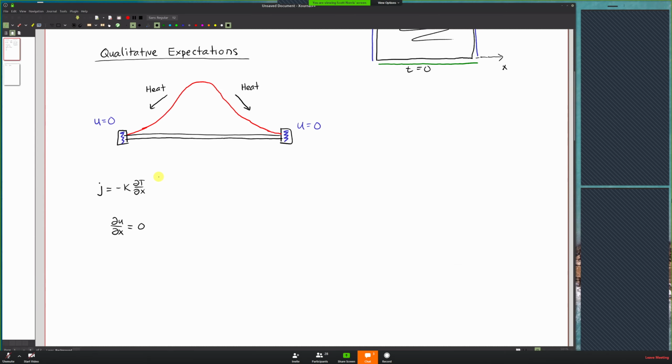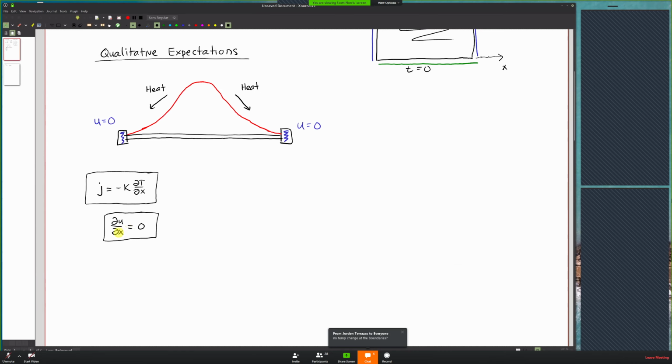But if this is how heat flows, this is my Fourier's law of heat conduction. This is a physical statement. What would a mathematical statement like this imply physically? That the heat would not change with x. The heat would not change what? With x?